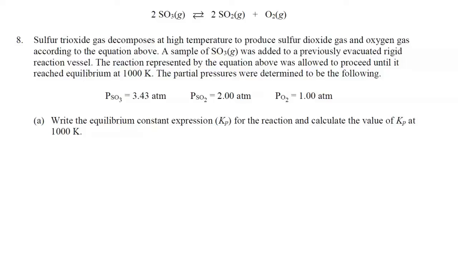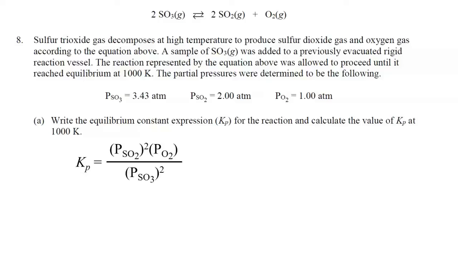Part A, write the equilibrium constant expression, Kp, for the reaction, and calculate the value of Kp at 1000 kelvins. So we have products over reactants. Because it's Kp, we're going to use pressure and not concentration. So it's going to be the pressure of the SO2 squared times the pressure of the O2 divided by the pressure of the SO3 squared.